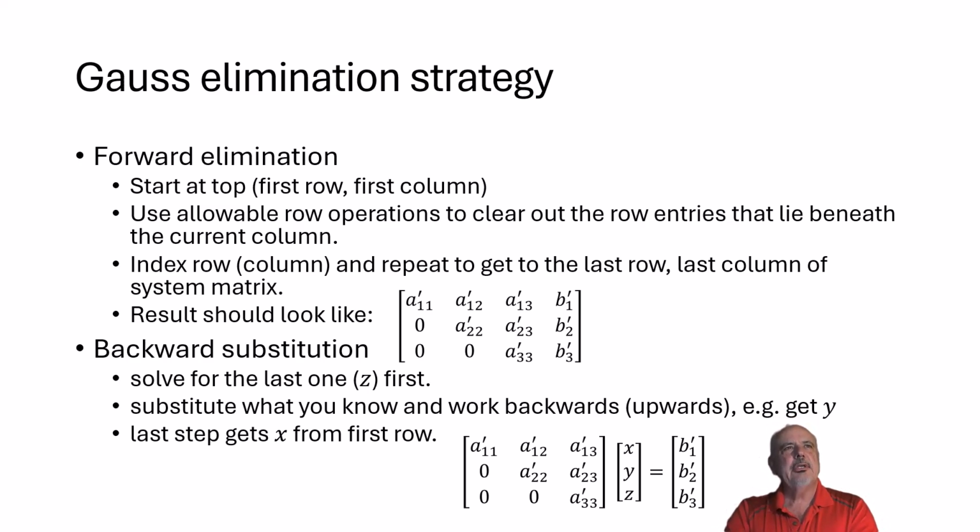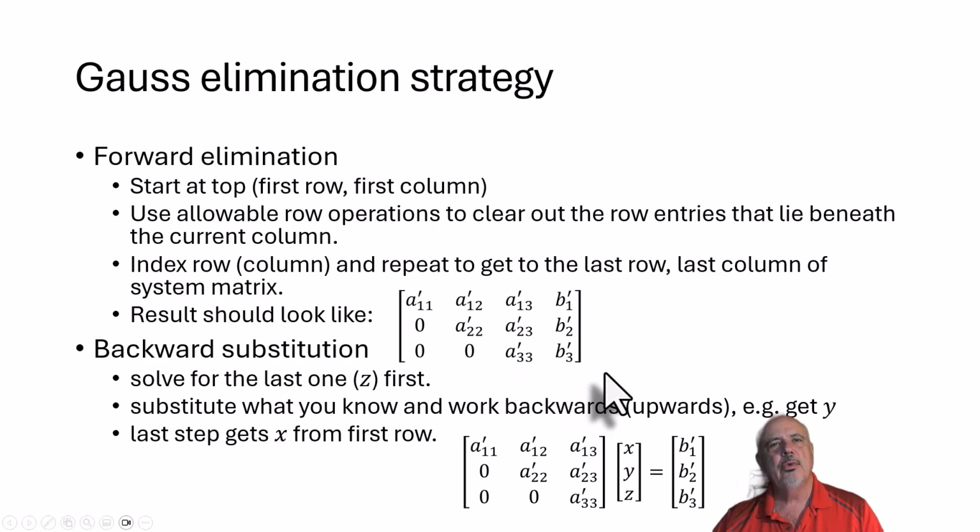Okay, so Gaussian elimination strategy. What we want to do is put together our augmented matrix and do some operations on it so that the 3 by 3 becomes what's called an upper diagonal matrix.